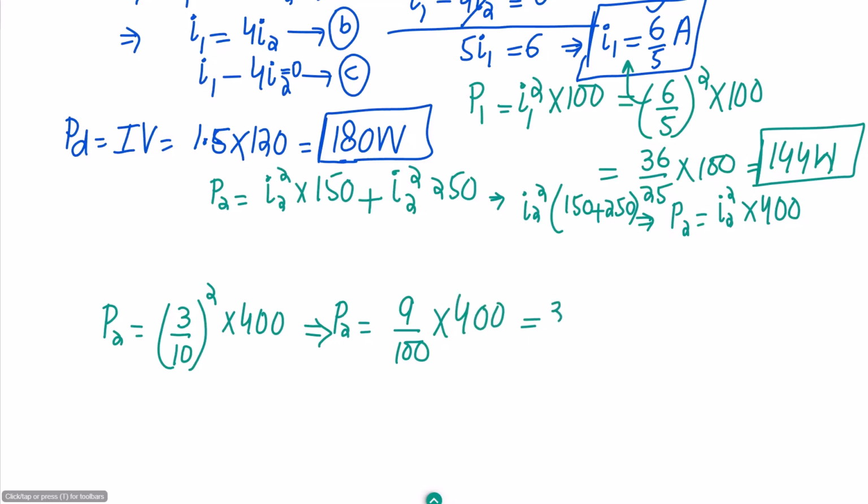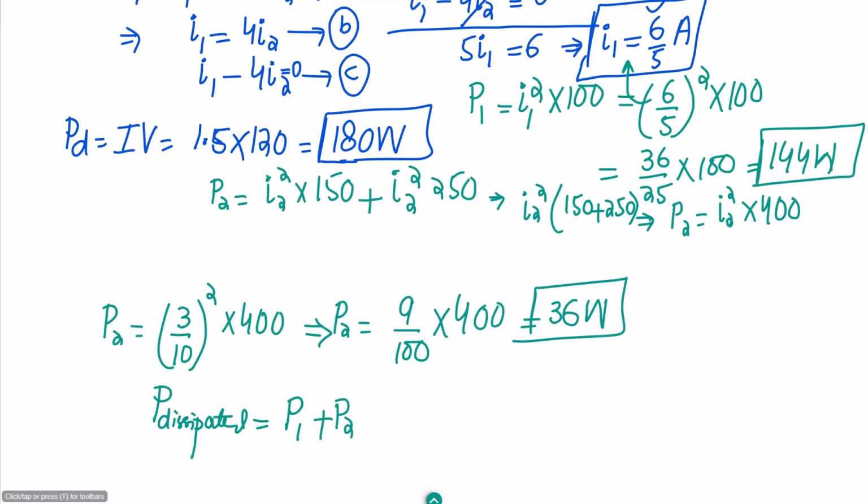So ultimately we will get 36 watts. From it we have got that the total power which is dissipated is P1 plus P2, 144 plus 36, that is equal to 180 watts.